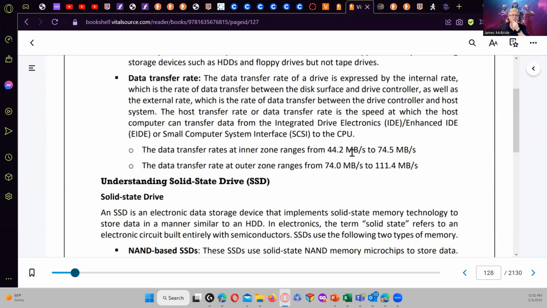Even in RAM, it's megabits. And here it's bytes. And so there's a conversion you'd have to do to find out how many megabits of speed that is. And remember, there's 8 bits per byte. So it's not just let's move over a decimal point, right? And then the data transfer rate and the outer zones, right? Because it's larger out there and it's smaller in the middle.